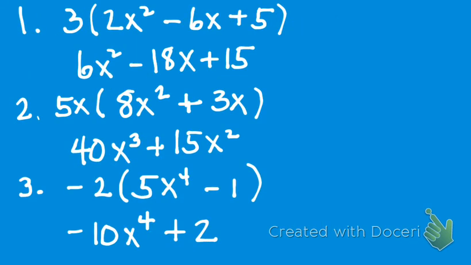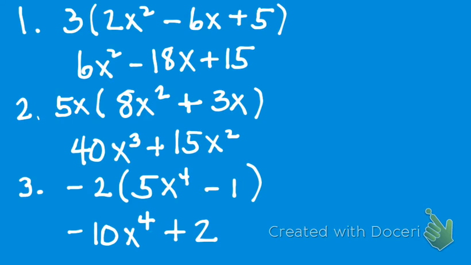In the first problem, we're multiplying 3 times the 3 terms inside the parentheses. So 3 times 2x squared gives us 6x squared. Then you're multiplying the 3 times the negative 6x, resulting in negative 18x. And then you're multiplying the 3 times the positive 5, resulting in 15.